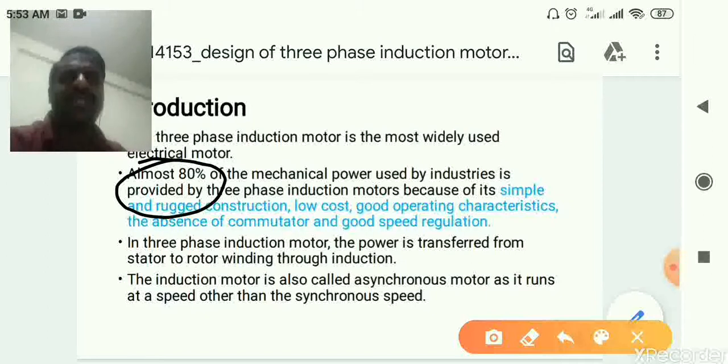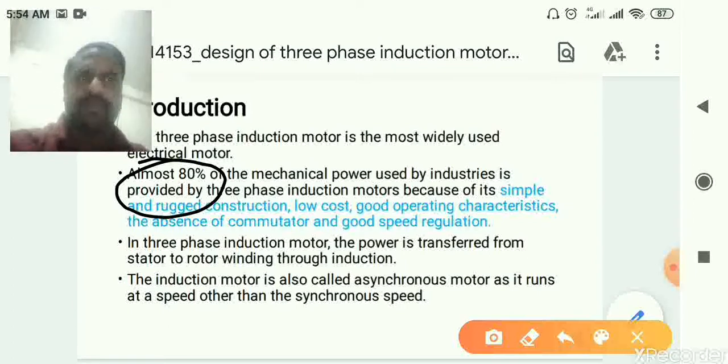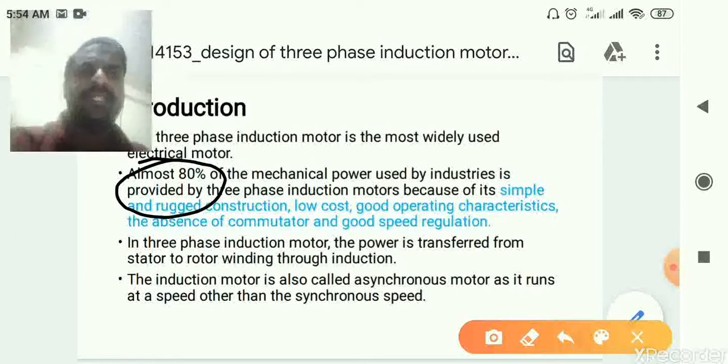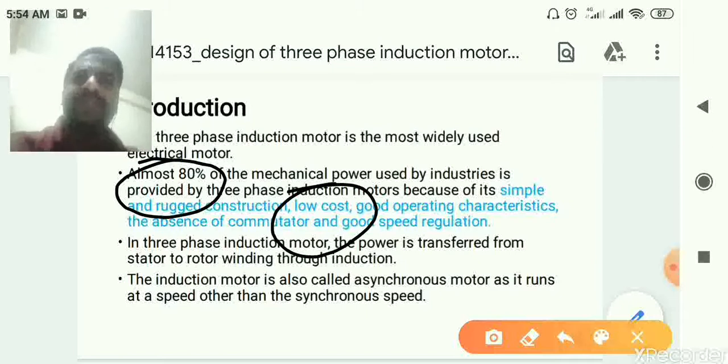Now the question is, why is this induction motor so popular amongst all types of motors? Because it has several advantages. It is very simple in construction, as it involves a very small number of parts. Its size and cost are also very low.